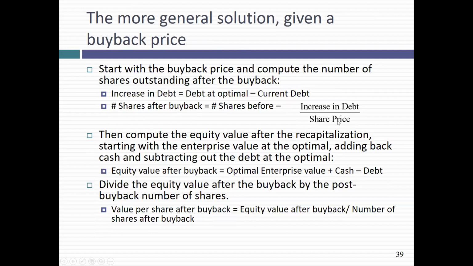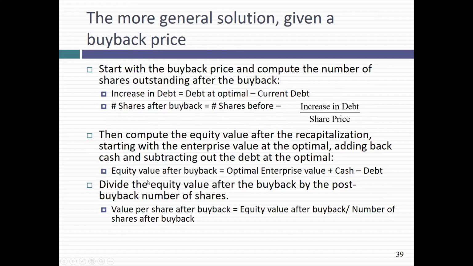This gives us how many shares we can actually buy. To figure out the number of shares left over, we take the number of shares before and subtract off the total number of shares we can purchase with the increase in debt. So this is how many shares we're purchasing, this is everything we had before, and this is the number of shares left over.